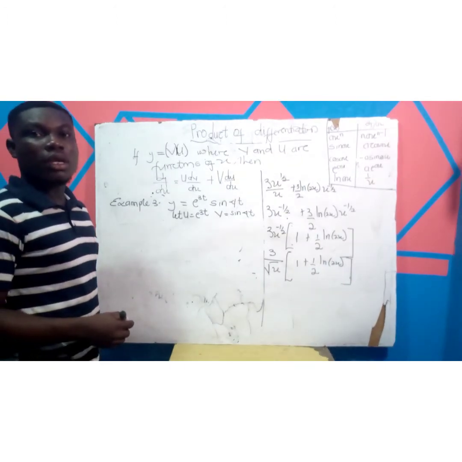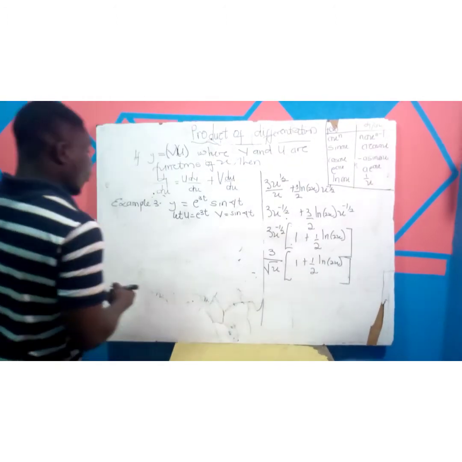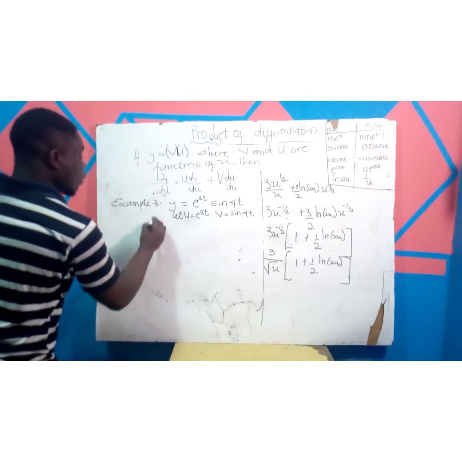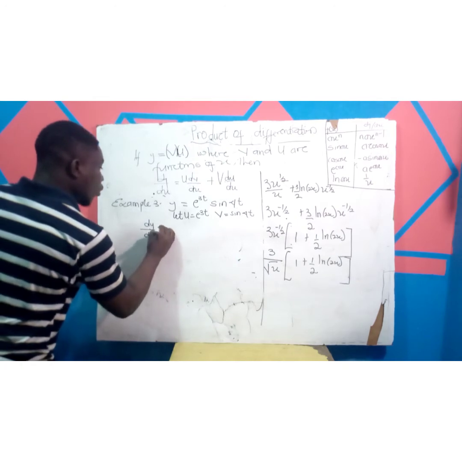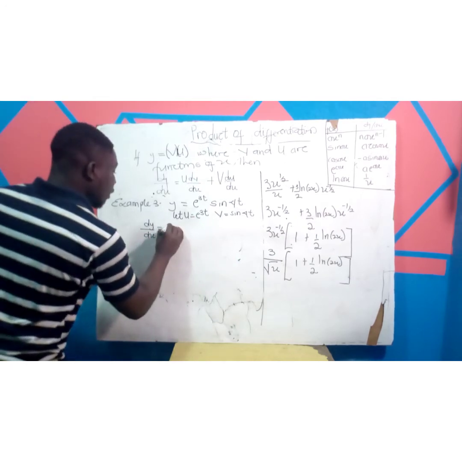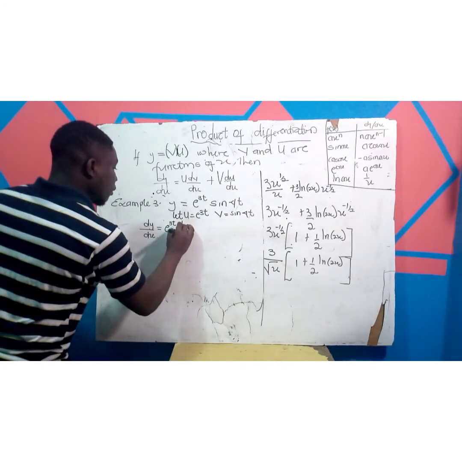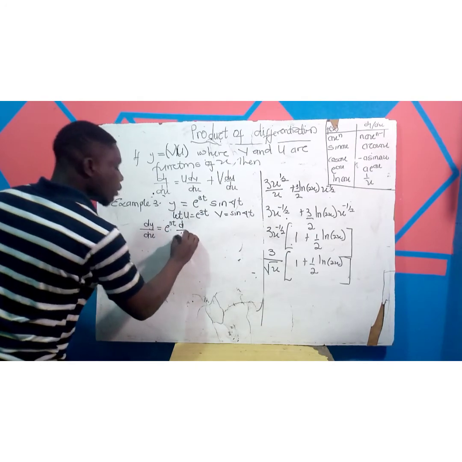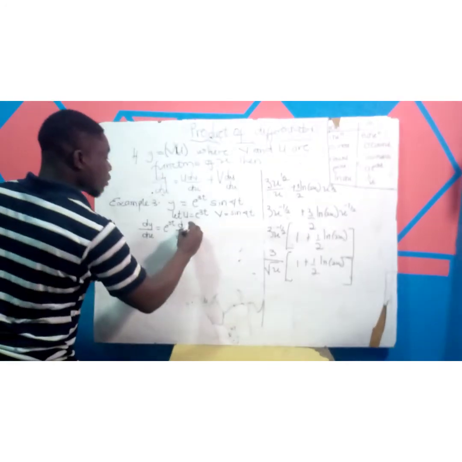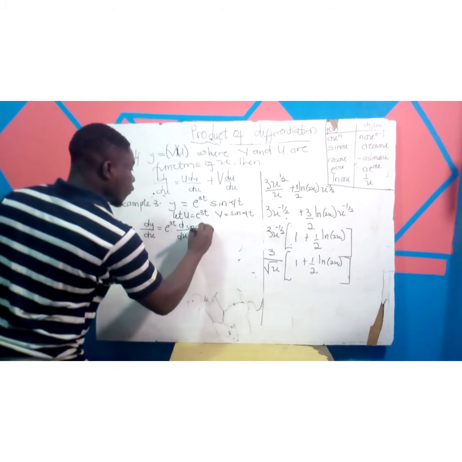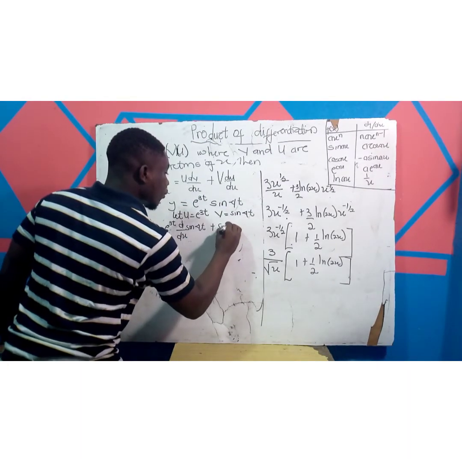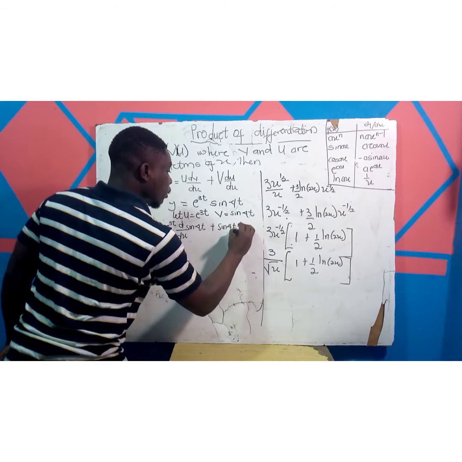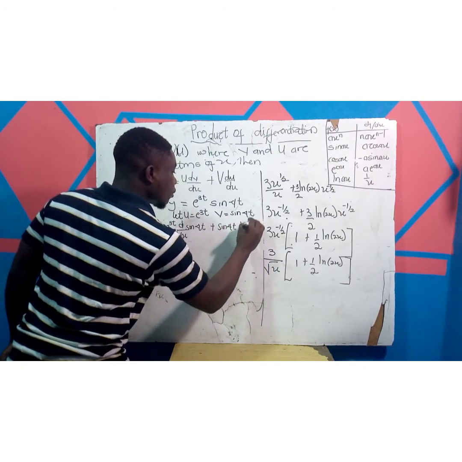Following that, we can say dy over dx will be equal to u dv over dx, sine 4t, plus v du over dx, where we differentiate e exponent 3t.